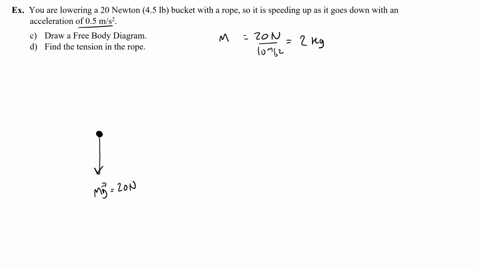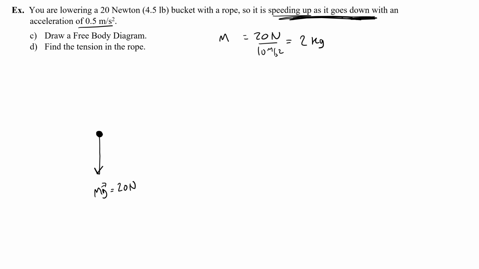But here's the question. If I want it to accelerate down and speed up, then am I going to need to have more tension than 20 newtons or less? Well, if I had more than 20 newtons, then that would mean that my net force is up, therefore my acceleration is up, and the bucket is slowing down as it moves down.